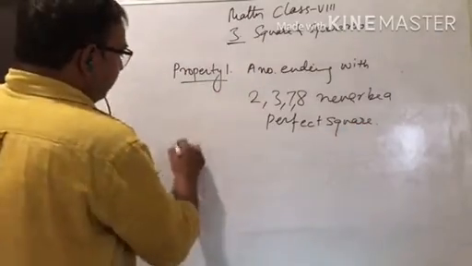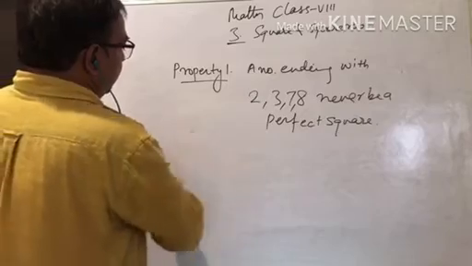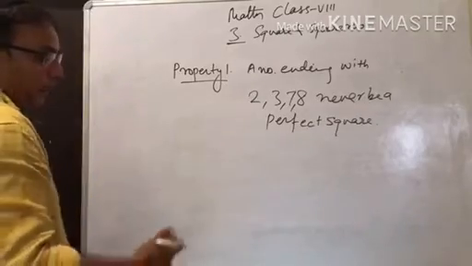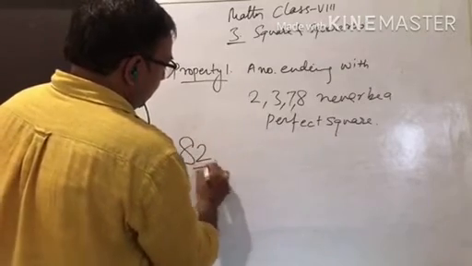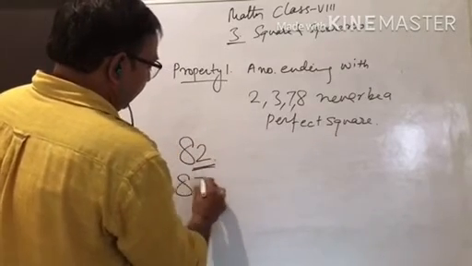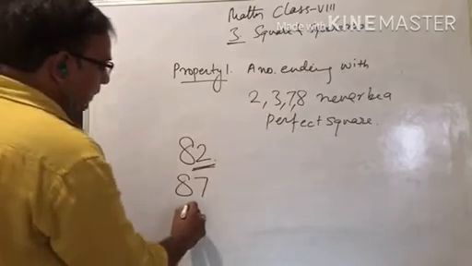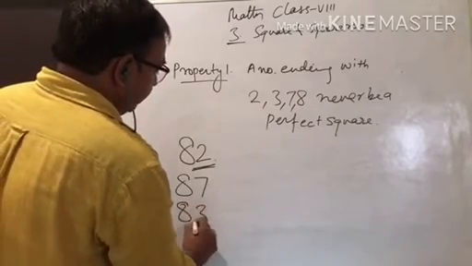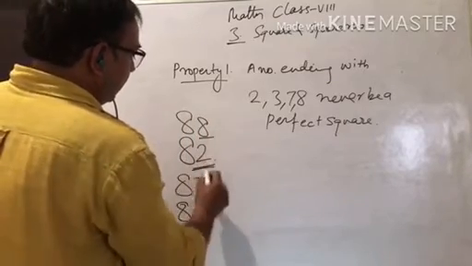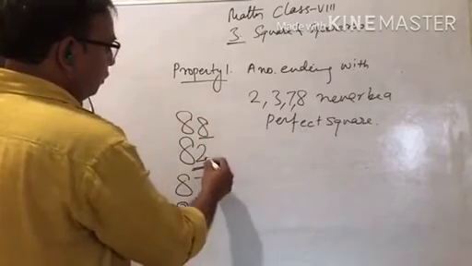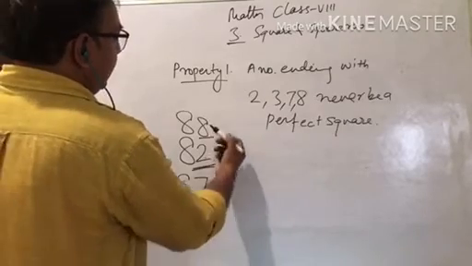Means, you can take any example like 82, 87, 83, 88. These all numbers end with 2, 3, 7 and 8.